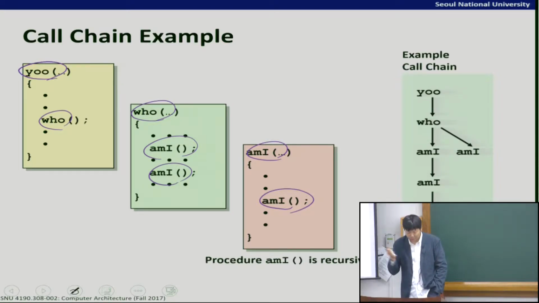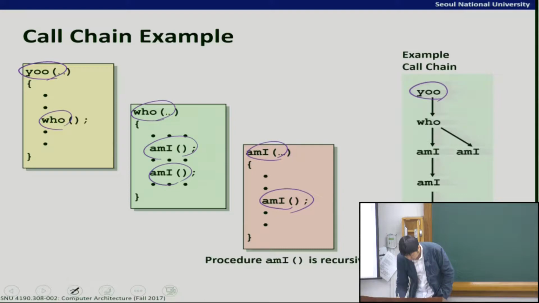So that's a call chain. Here's an example call graph: U calls who, and who calls mi twice, here this is mi1, and this is mi2.